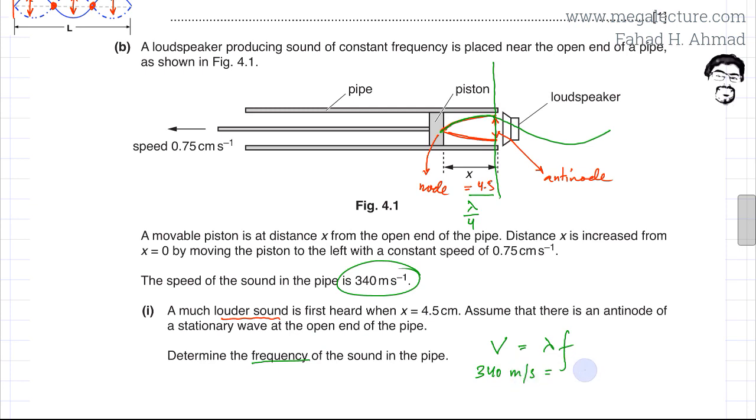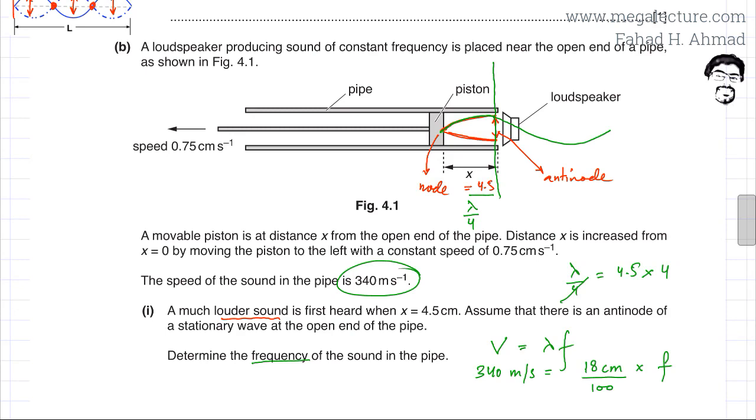Lambda by 4 is coming out to be equal to 4.5 centimeters. So if I get rid of 4 from here, I multiply 4 over there, the wavelength is 4.5 multiplied by 4, which is 18 centimeters, and that 18 centimeters should be converted into meters. So I'm going to divide that by 100.